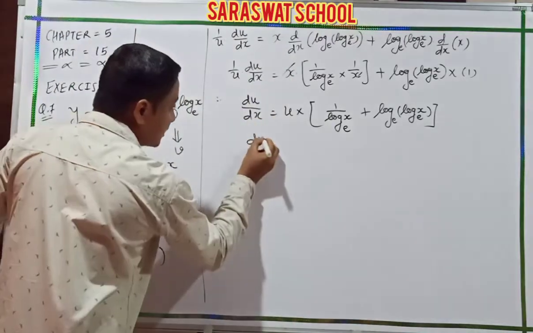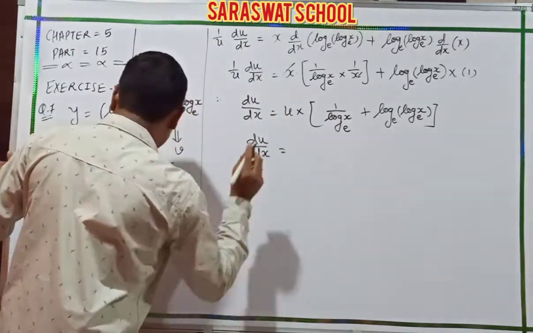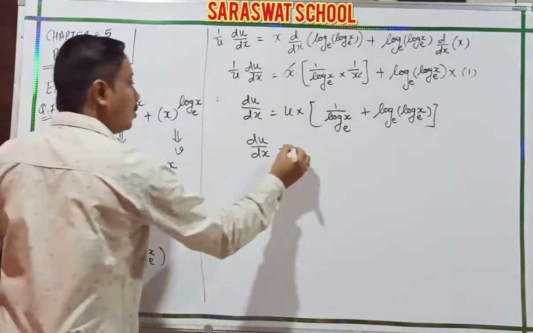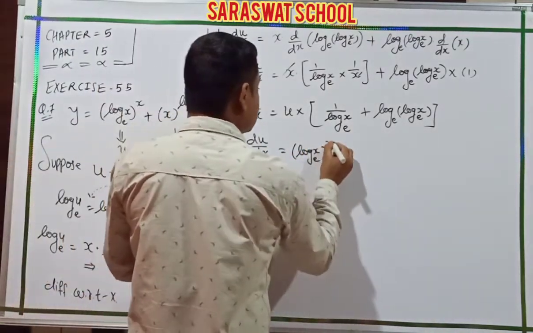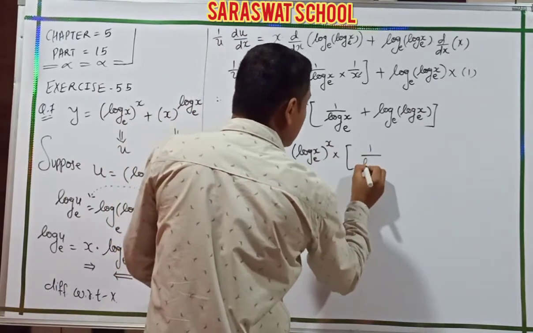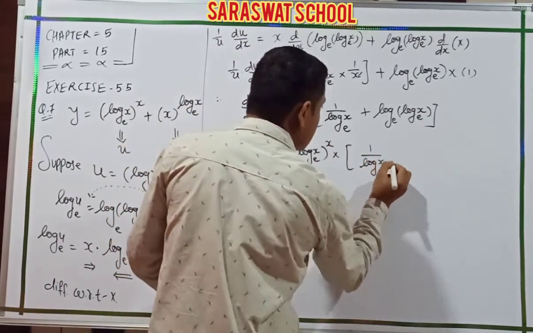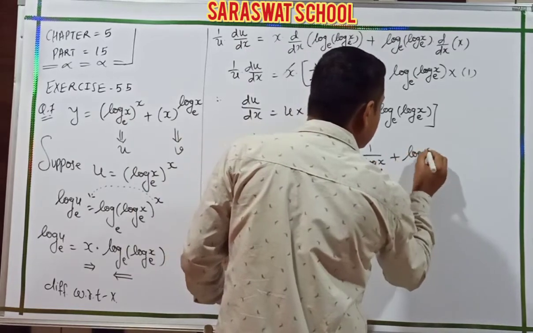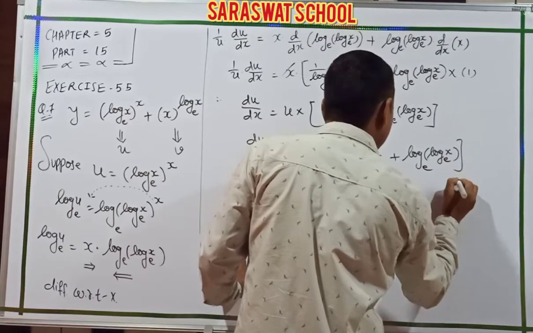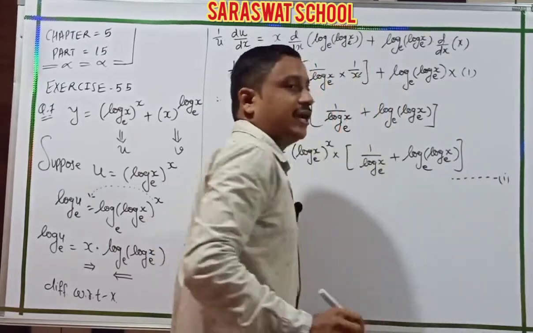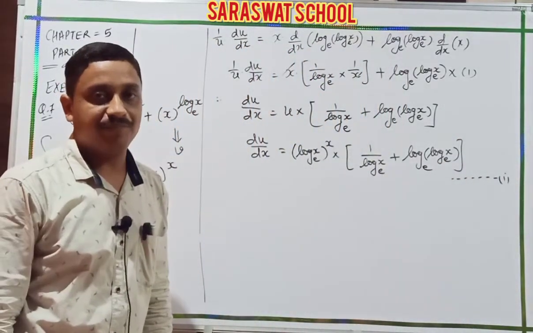So du by dx equals (log x) to the power x as it is, and the remaining is 1 by log x plus log of log x as it is. Highlight this, students, it is statement number 1.